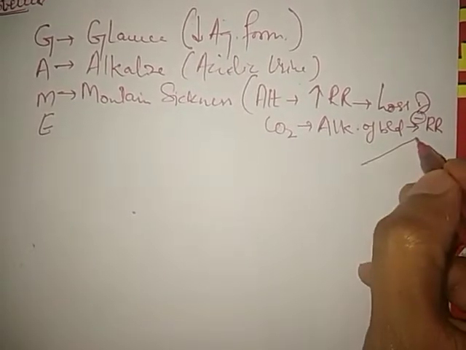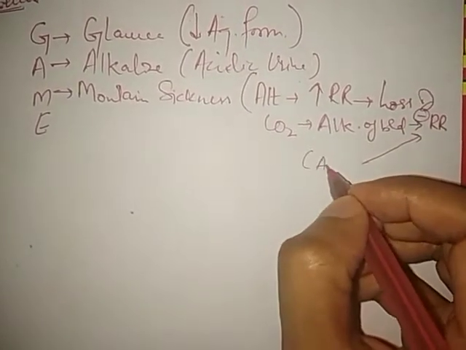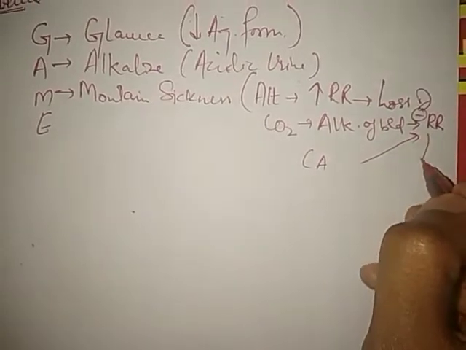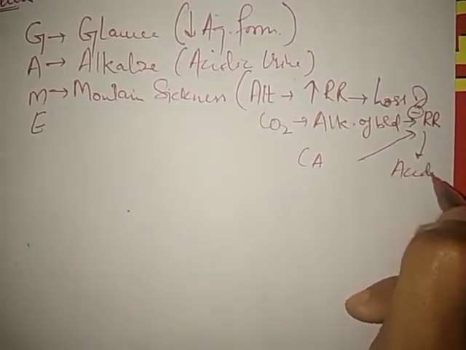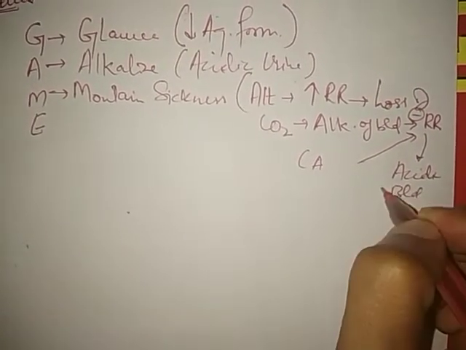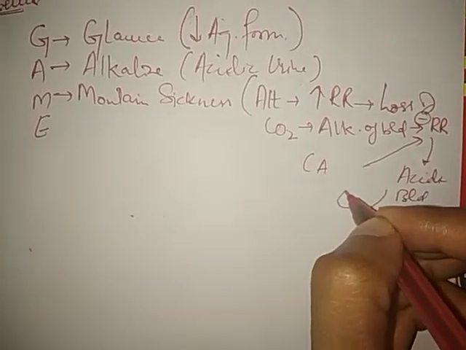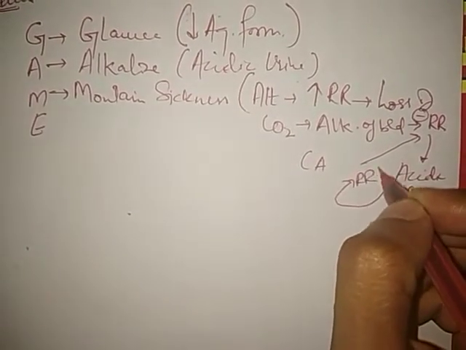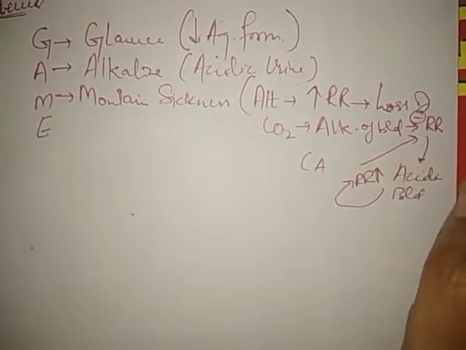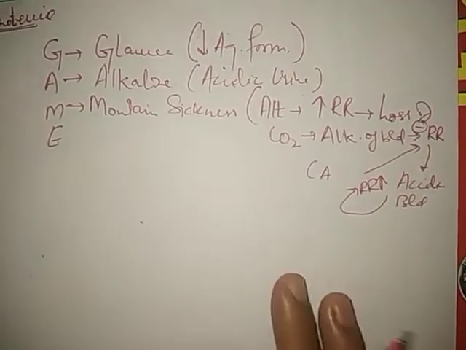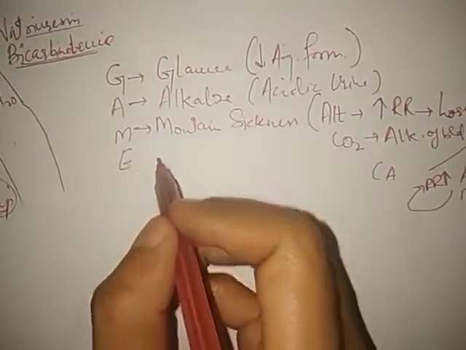So when we give the carbonic anhydrase inhibitor, they make the blood acidic, which is a stimulant for respiration, so the respiration resumes. So in this way they are useful in mountain sickness.